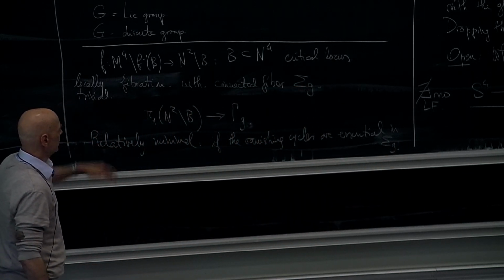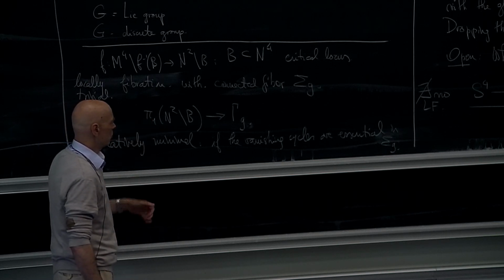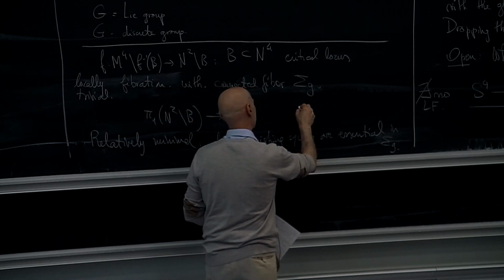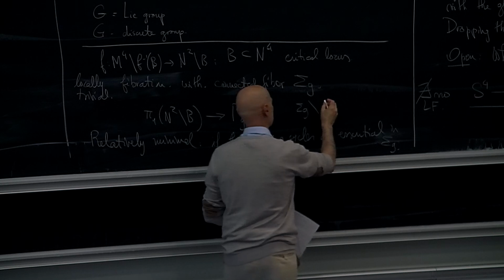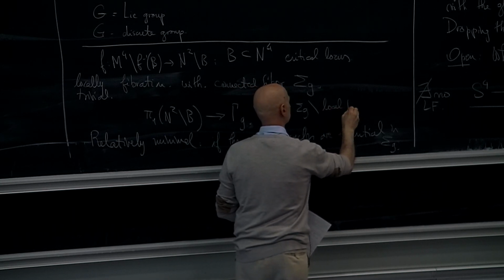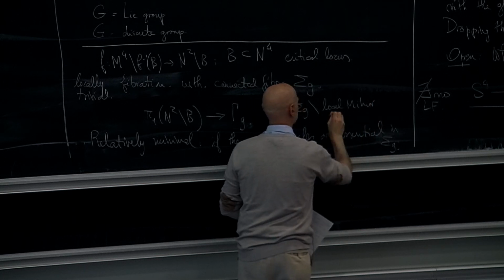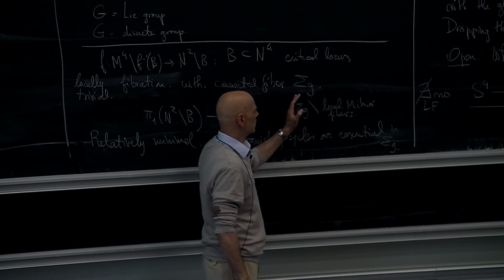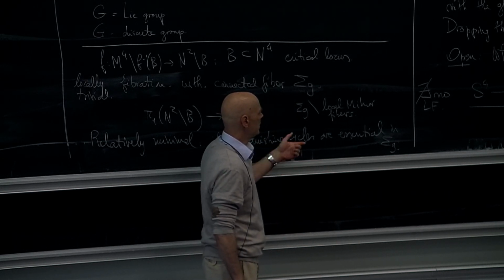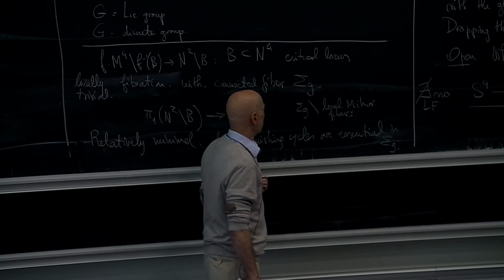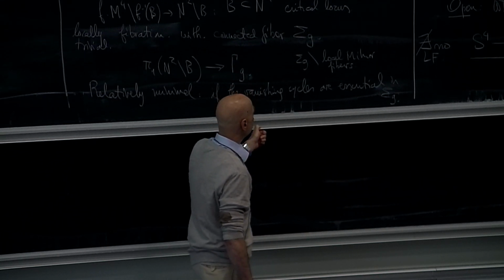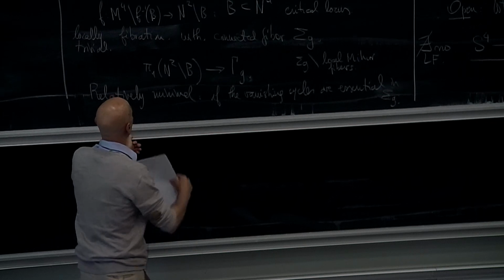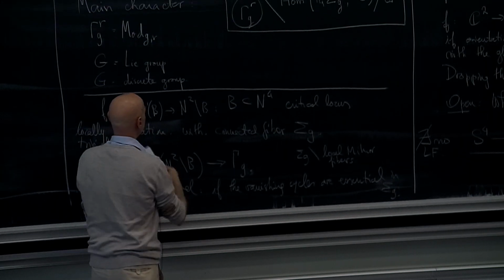And there is a similar definition in general. You want the generic fiber sigma G minus the local minimal fibers to not contain discs or annuli. So in this condition, actually, we can say that we can uniquely compactify here.